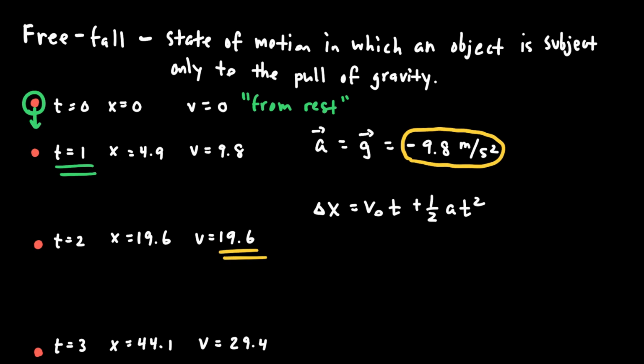And its speed after every subsequent second will just be 9.8 added on to the previous speed in the previous second. And so you should see that after each second, the speed goes up by a linear amount. And what that tells me is that there is a linear relationship between the velocity and time.